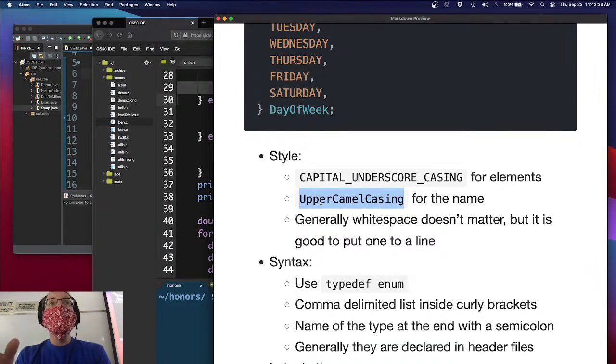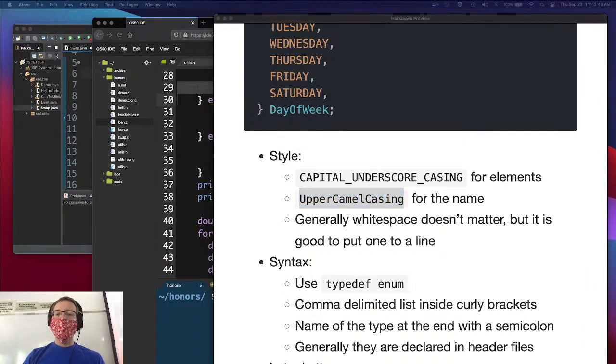Now, an old school way of doing that would be to use lower case underscore. In other words, DayOfWeek would end up being, let me change it for you, day_of_week. Right? That's an old school convention. I don't like doing that as much because what are you doing if you're doing underscore, underscore, underscore too much?